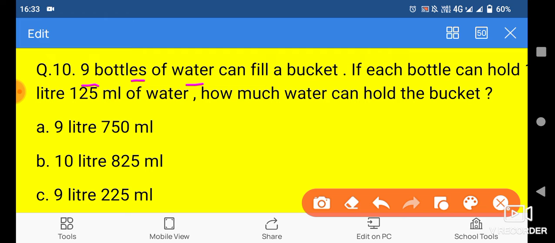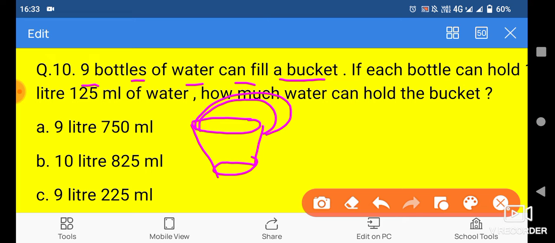Nine bottles of water can fill a bucket. Suppose we have a bucket, and to fill this bucket we need 9 bottles. If each bottle can hold 1 liter, it is written 1 liter and 125 milliliter of water.